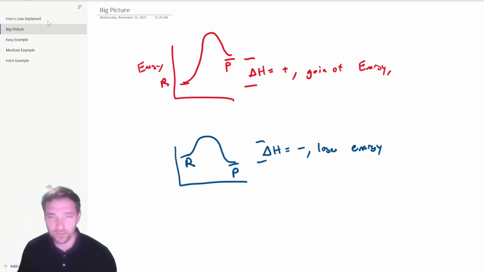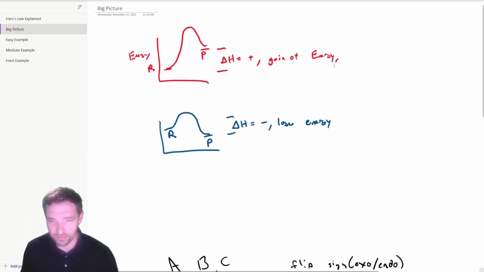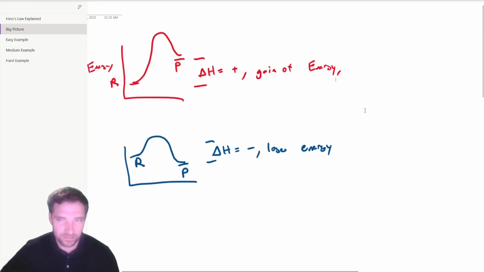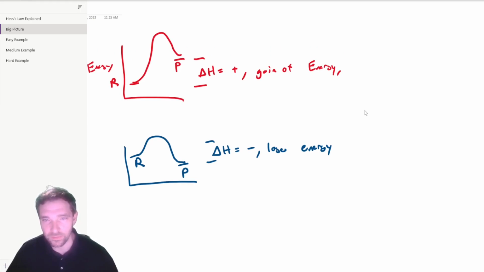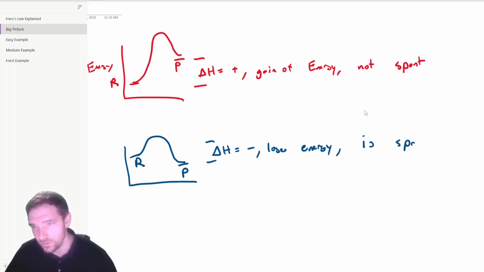You can think of a ball rolling down a hill as being spontaneous. When it has to get pushed up a hill, that's not spontaneous. That takes some energy to do. It's not going to happen on its own. So we would say that this is not spontaneous, but this is spontaneous, aka this happens on its own.